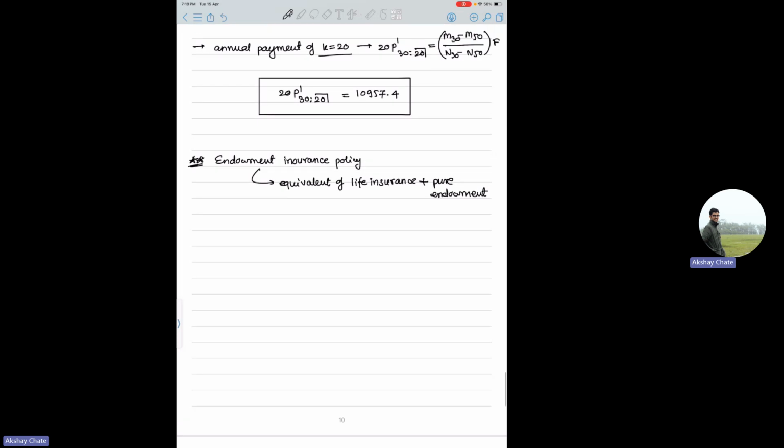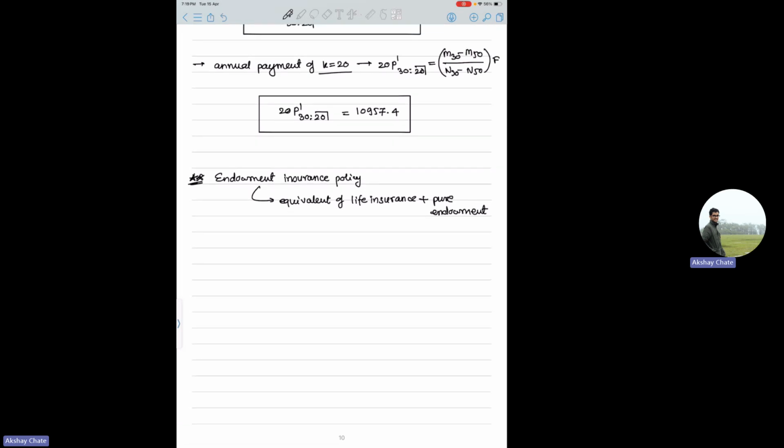Yeah, so basically it is life insurance plus savings. In some places you may see that instead of life insurance they put term life insurance also. In class, that is why I'm confused, because in class sir has used this definition where instead of life insurance you have term life insurance here.